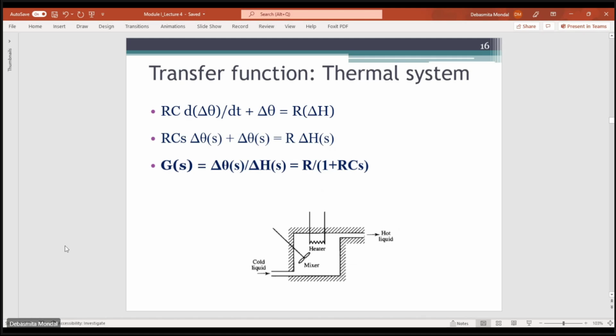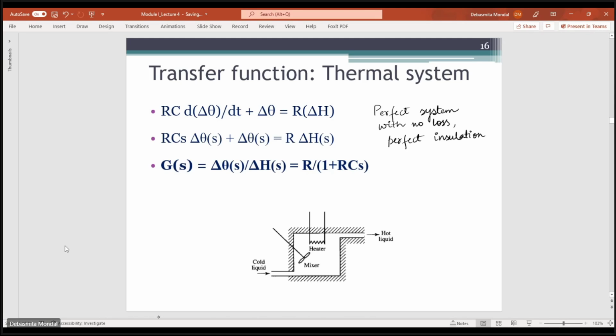Take the thermal system. We had talked about the differential equation, which was for an almost perfect system with no losses, like perfect insulation.